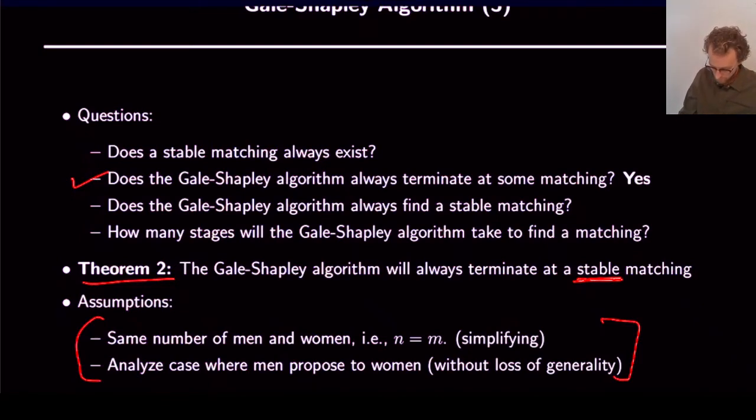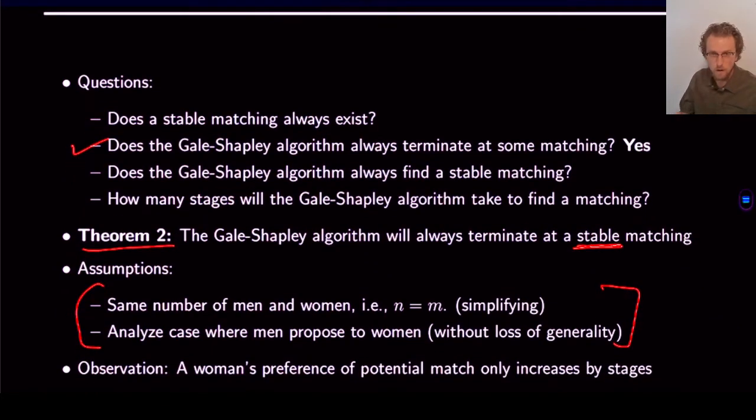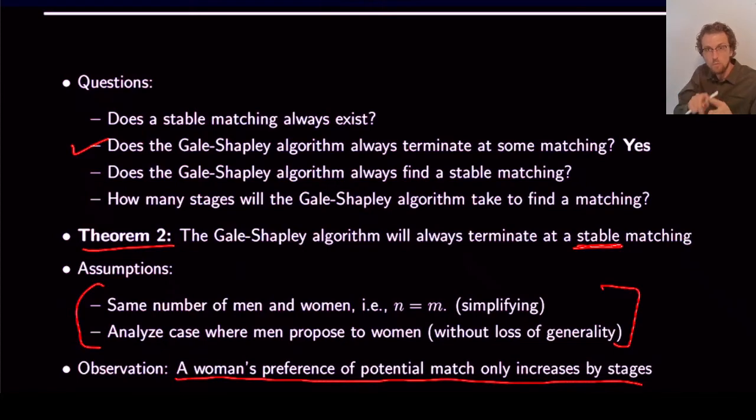Okay, so let's think about what happens as the algorithm proceeds. One of the things that is not totally obvious at first, but becomes pretty clear once you think about it, is that as the algorithm proceeds, the people that a woman is matched with just get better and better.